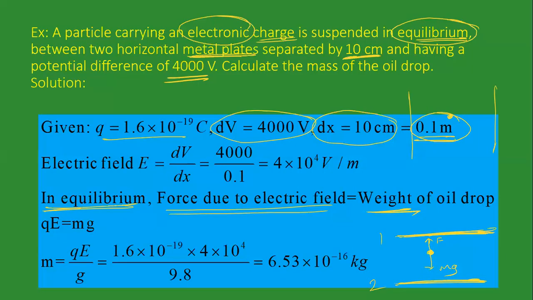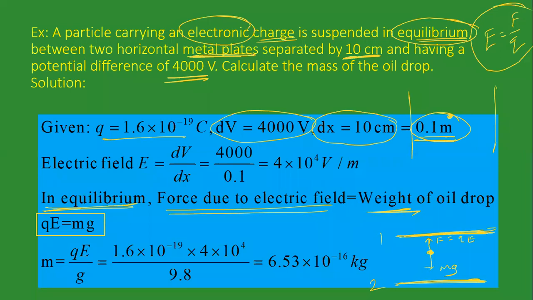We know the formula of electric intensity, it is F by Q. So by this formula, force is QE. And weight, everybody knows that weight is mg. So we write this formula, and mass we get is QE divided by g.